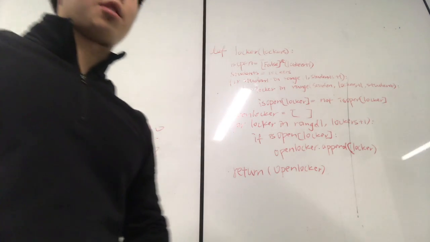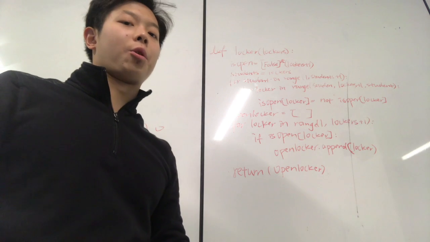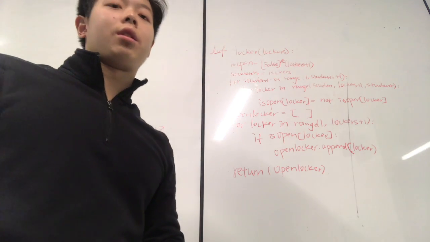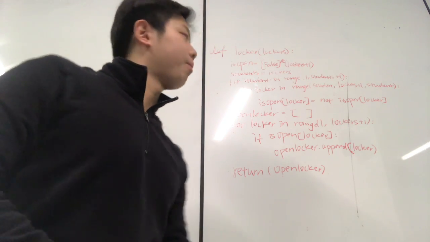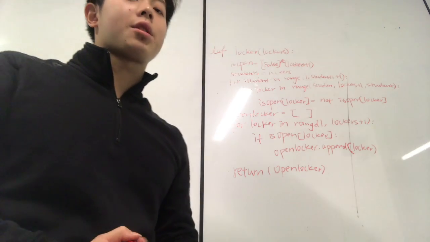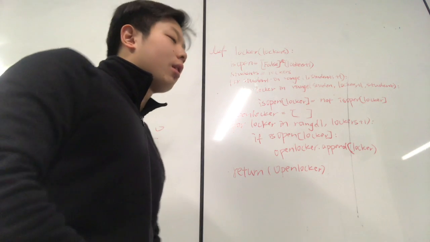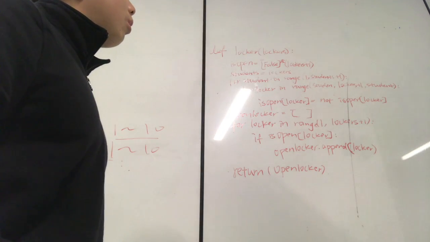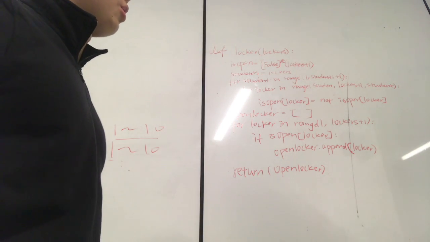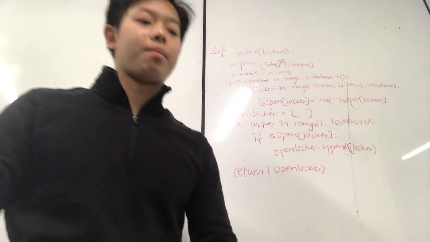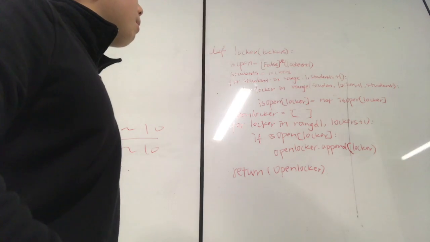Because the index in computer science starts at 0, however our students' numbers start at 1. So in total we have lockers plus 1 lockers, all closed.